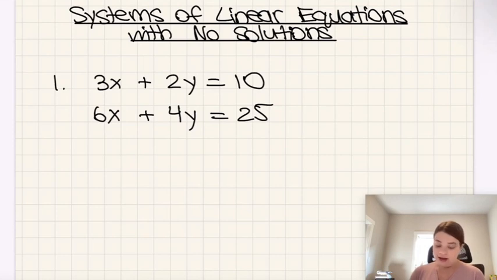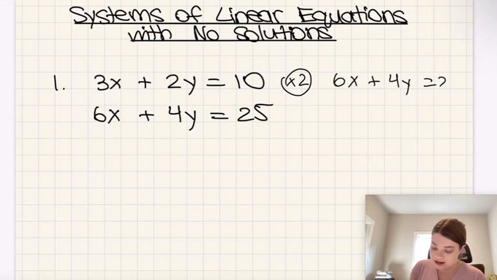We could say, well, it'll eliminate both variables. If we were to multiply this first equation by 2, we would get 6x plus 4y equals 20. And then for the bottom equation, if I just copy it down, 6x plus 4y equals 25.